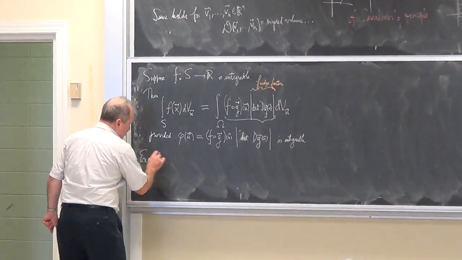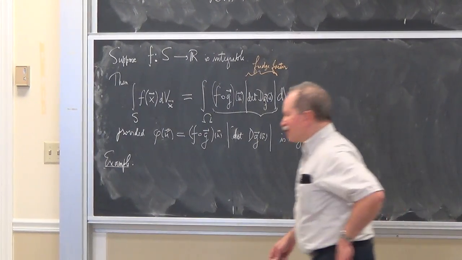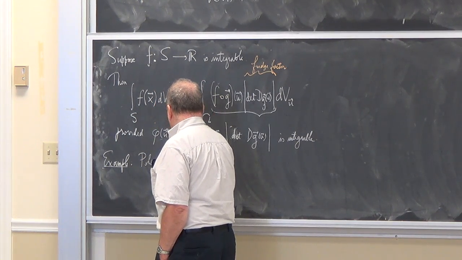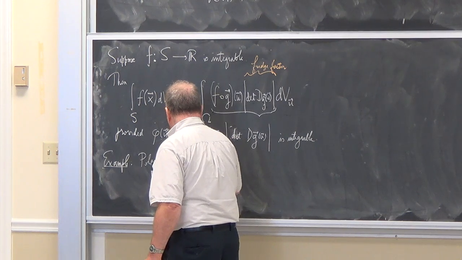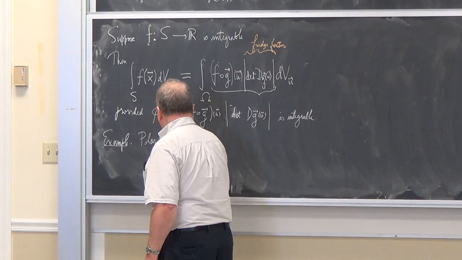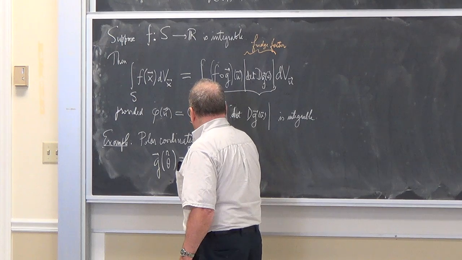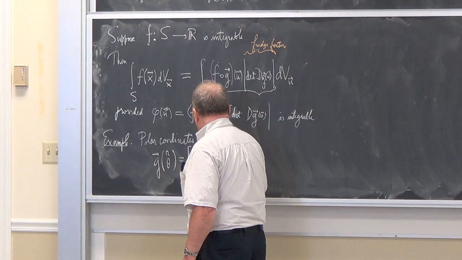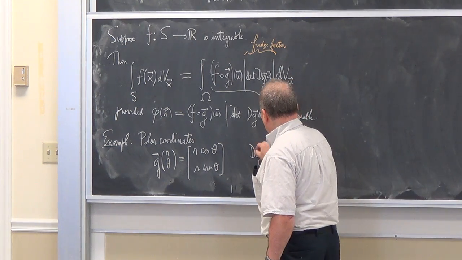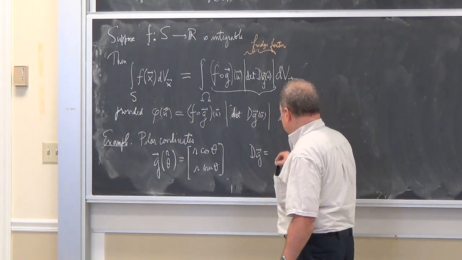this is consistent with what we've been doing with polar coordinates. For polar coordinates, we have g of r, theta, so those are my u, equals x, y, and if I compute the derivative matrix of g, I think we actually did this the other day, right?